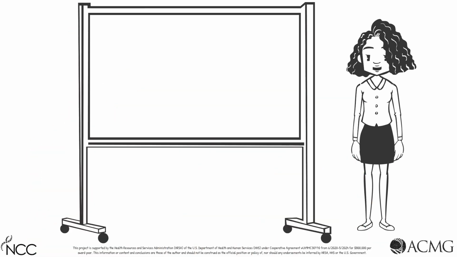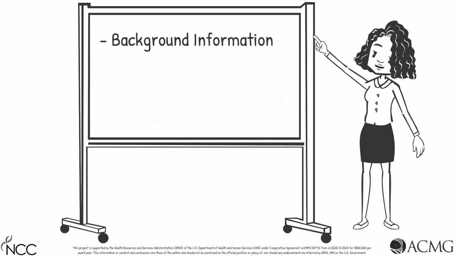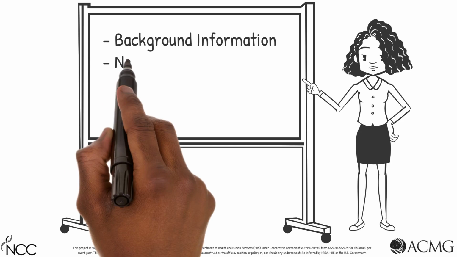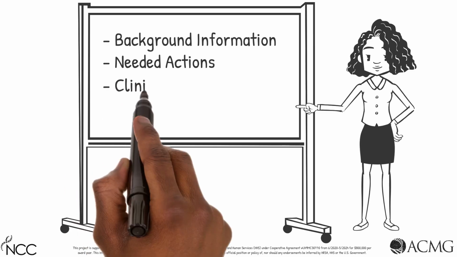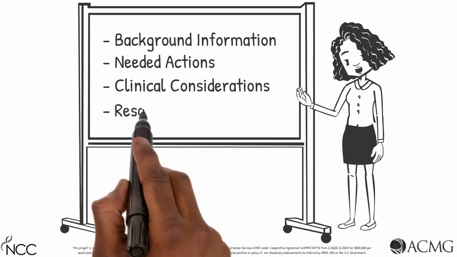This session will cover background information on those amino acidemias detected through elevated citrulline, including the clinical features and underlying genetic causes, actions a primary care provider needs to take upon receiving a screen-positive test result for a citrulline elevation, clinical considerations, and supplemental resources.